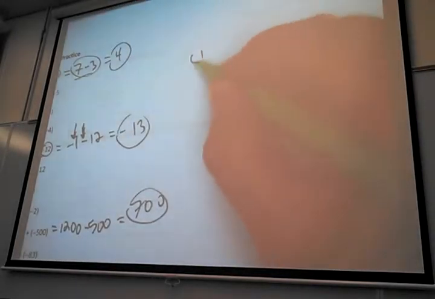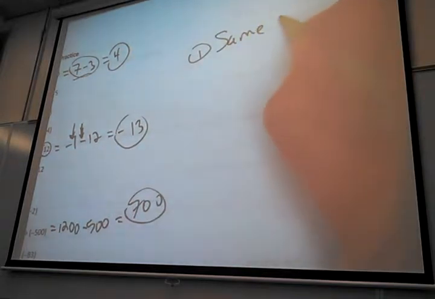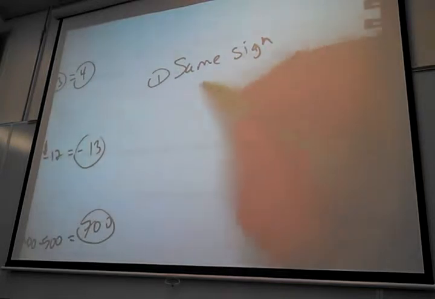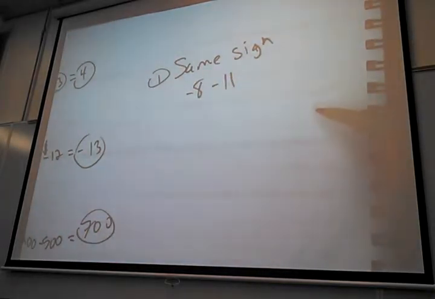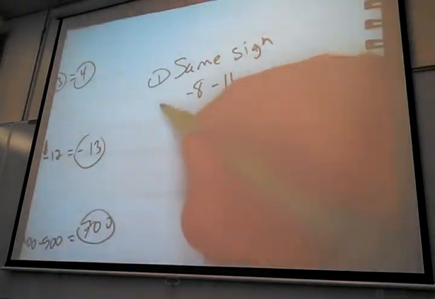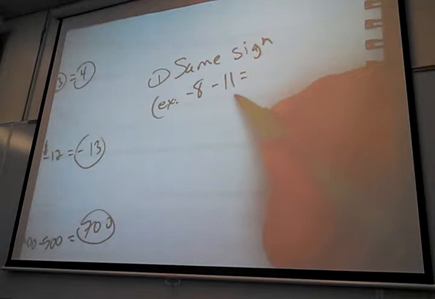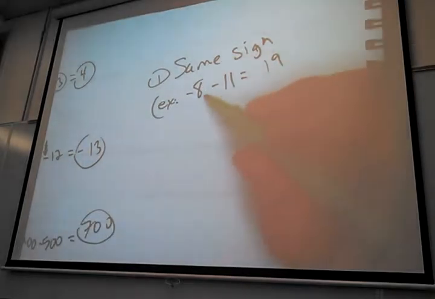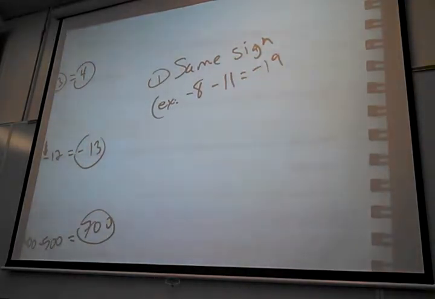One rule is when they have the same sign, like if it was -8 minus 11, you add them. So when they have the same sign, you add them. That'd be 19, but put the sign back on. -19. Not plus.